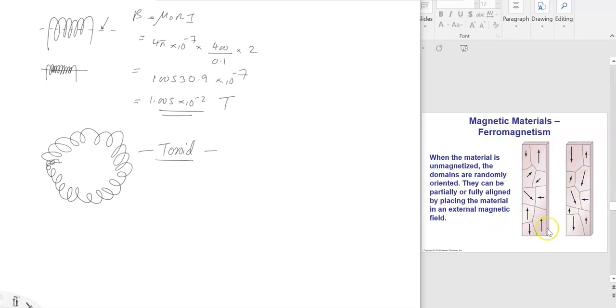Here's a sketch of what is inside. These are the little domains. You see that in the first picture they are not aligned, they are in random directions. In the second picture they are a little bit more aligned, actually really not.